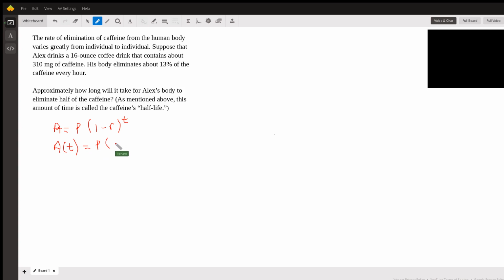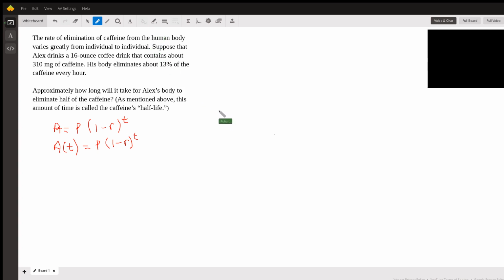So I'll just write it both ways. So the amount remaining at time t is the principal amount, the starting amount, times 1 minus the rate of decay raised to the t. T is time. So let's go ahead and use this formula.